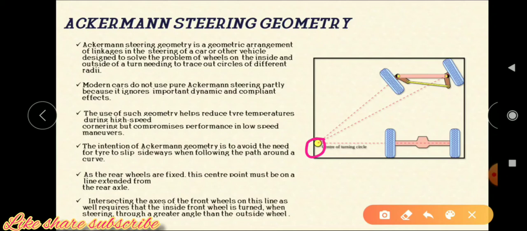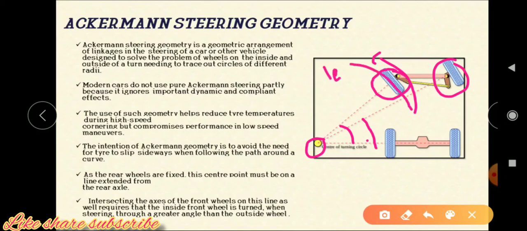When the vehicle turns towards the left side, the radius covered by the internal wheel is smaller compared with the outer wheel. So the internal wheel is required to travel less distance compared with the outer wheel. So that is the steering geometry. We can use the Ackermann steering geometry, which is connected with the rear axle center point.